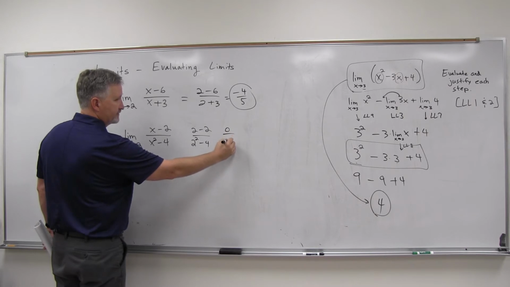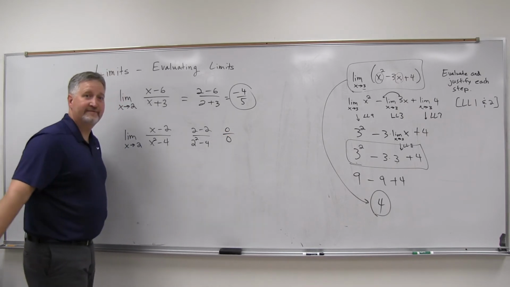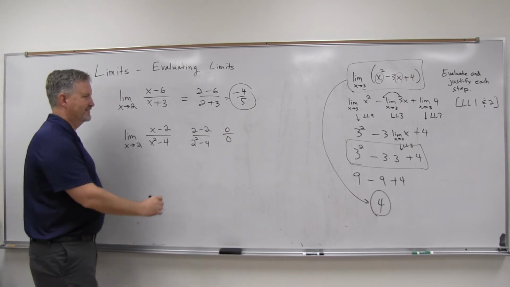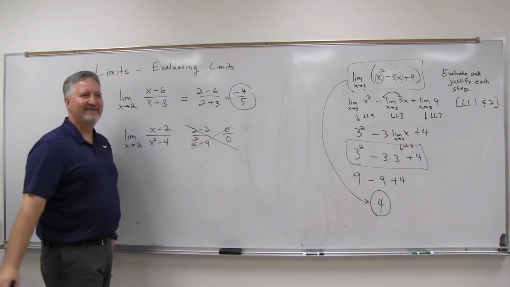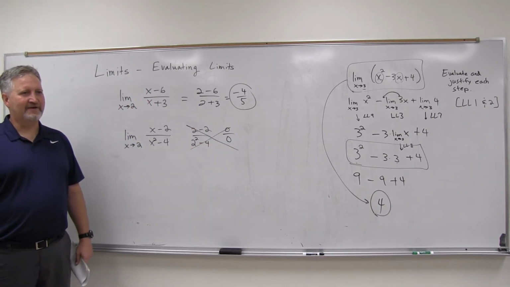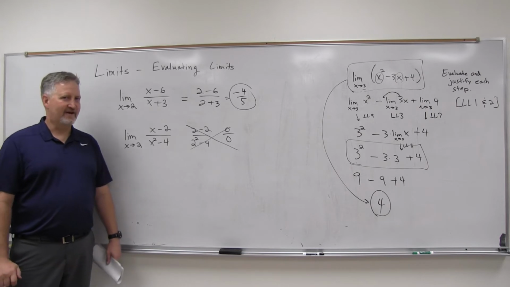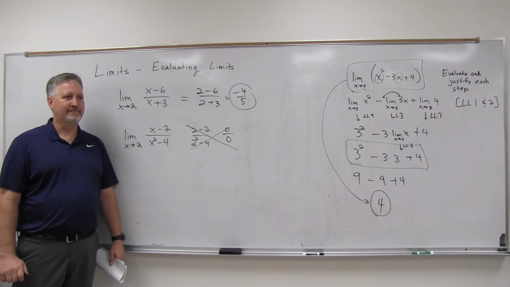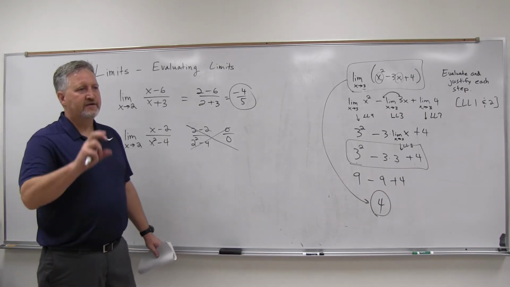Zero over 0. Uh-oh. I can't do that because why? 0 divided by 0 is not a number. You can't divide by 0. You have a denominator of 0. So that's one reason.